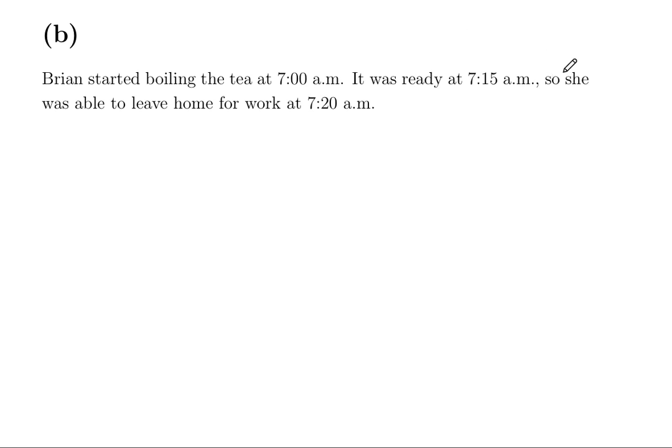So Brian will be able to leave home for work by 7:20. Reason being, he has been able to get his tea ready by 7:15, and therefore he will be able to leave home for work by 7:20 a.m.